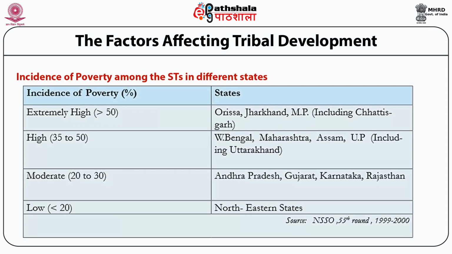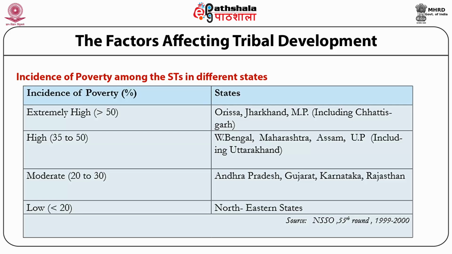In the table, you can see the prevalence of poverty among scheduled tribes in different states. With the source of the NSSO 55th round in 1999 to 2000, they have come up with the incidence of poverty among the STs in different states.